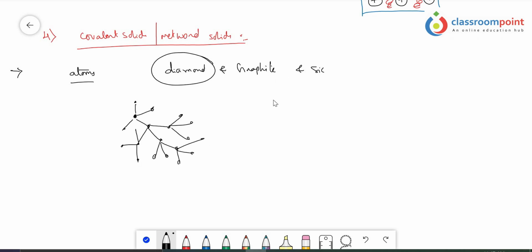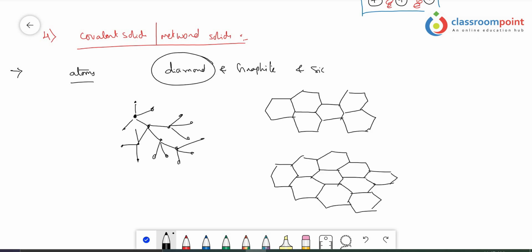And graphite has a hexagonal, planar structure. This is one plane, and next we can draw one more plane in the case of graphite like this. So graphite forms a layer structure where one layer is connected to the other layer through van der Waals forces of attraction. Because of this, one layer can slide over the other.